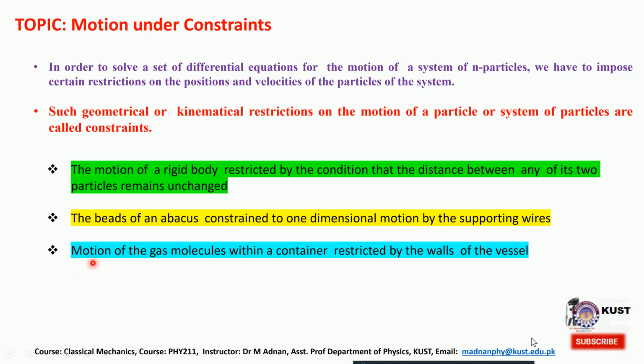Another example that we will see in this lecture related to constrained motion is gas molecules within a container, restricted by the wall of the vessel. So these are the various examples of constrained motion, or constrained systems, where the solution of the differential equations based on Newtonian mechanics is somewhat difficult, because we will see in this lecture that due to constraints, unknown forces arise which are not known in advance.